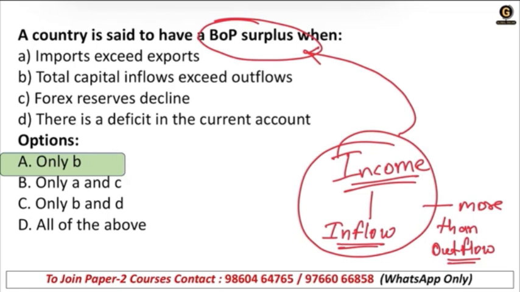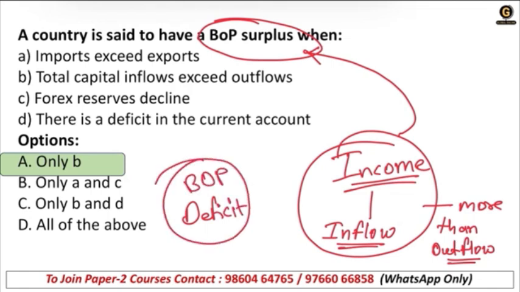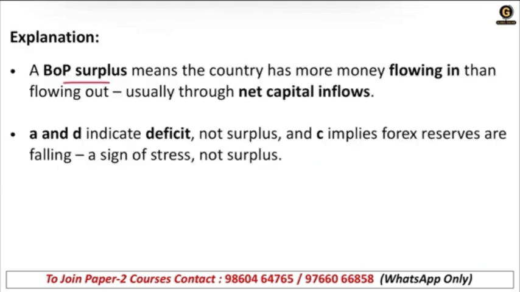And do the opposite: when outflow is maximum, or outflow is exceeding the inflow, that time we call it BOP deficit. BOP surplus means the country has more money flowing in than flowing out, usually through net capital inflows. A and D indicate deficit, not surplus, and C implies forex reserves are falling, a sign of stress, not exactly defining the surplus.